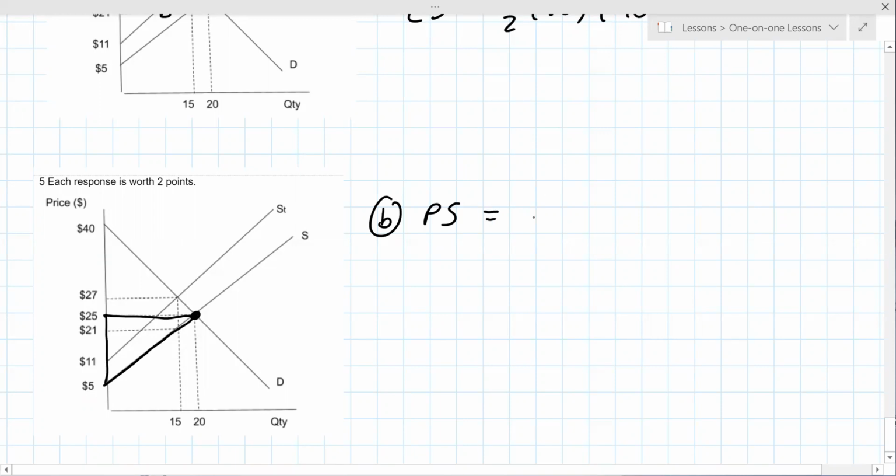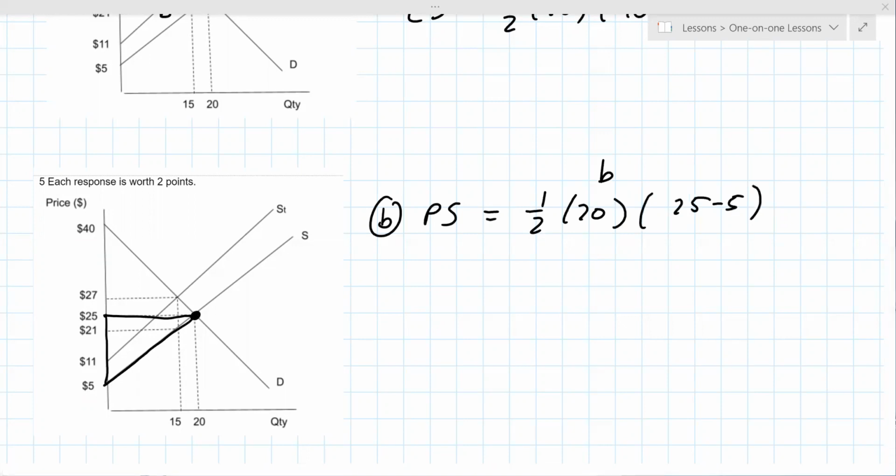So it's 1/2. Your base is 20 again. Your height this time is 25 minus 5. So you get 20 times 20, 400, half is 200. Yeah, 200.